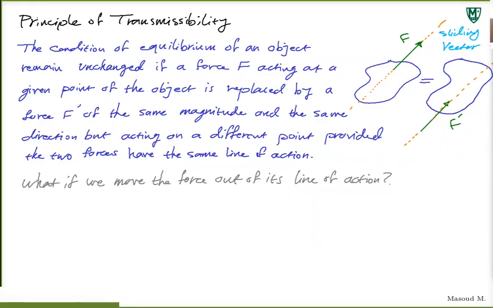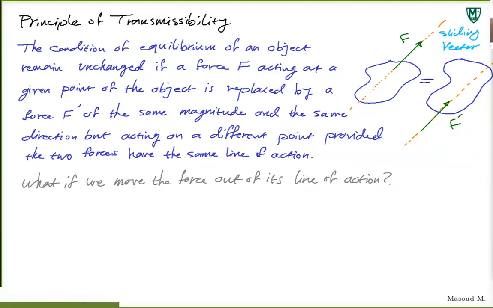What if we move this force? Well, this is the line of action for this force. Now, what if I move this force not along this line of action, but out of its line of action? What if I move it from here to here? This is the line of action, so I'm moving it out of its line of action.